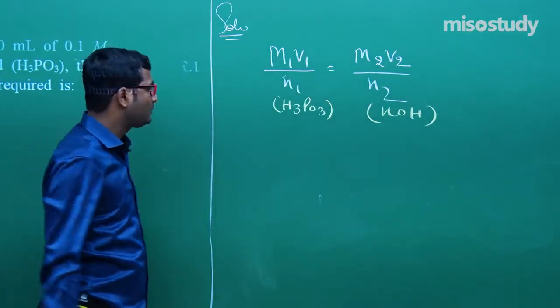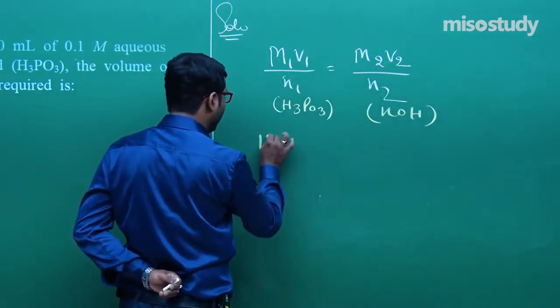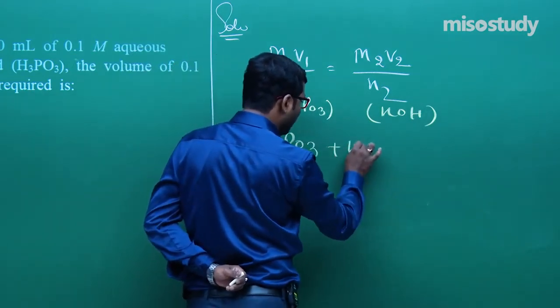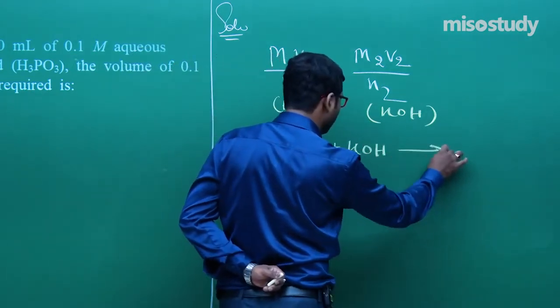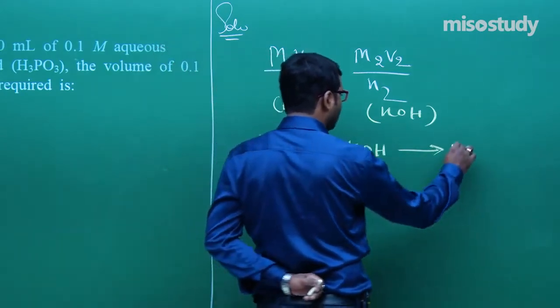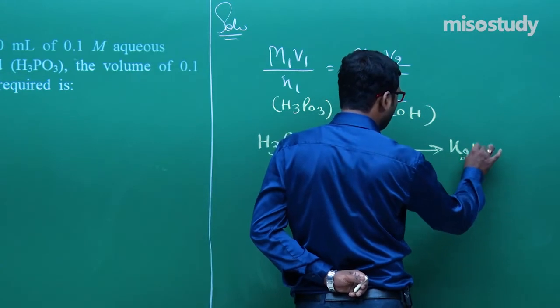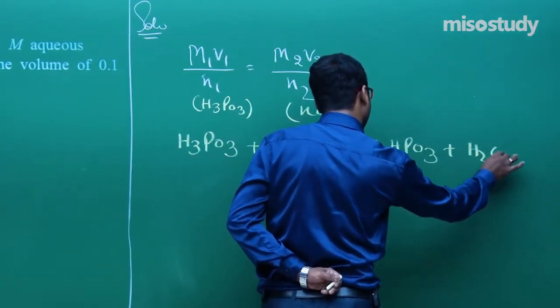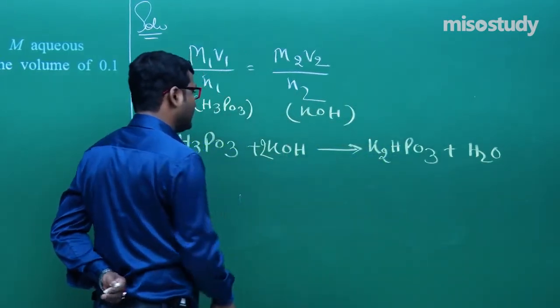Clear? First of all, what to do for finding N1 and N2? We have to write down the equation H3PO3 plus KOH, it gives you K2HPO3 plus H2O. Now balance here, write here 2.